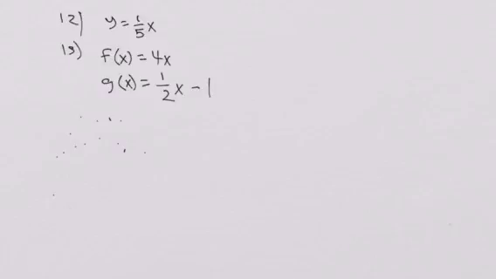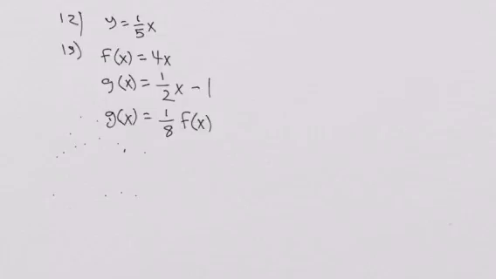One, we have this change from f of x equals 4x to 1/2 x. And how did we get from 4x to 1/2 x? That means g of x is 1/8 of f of x, because that will get us from the 4 to the 1/2.